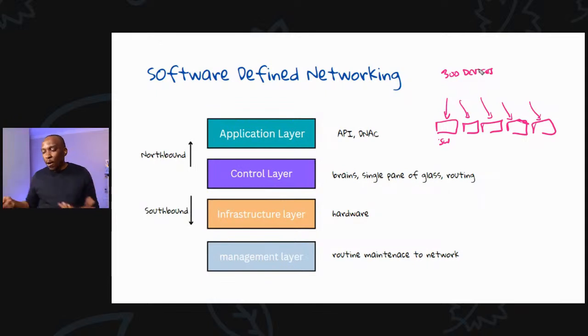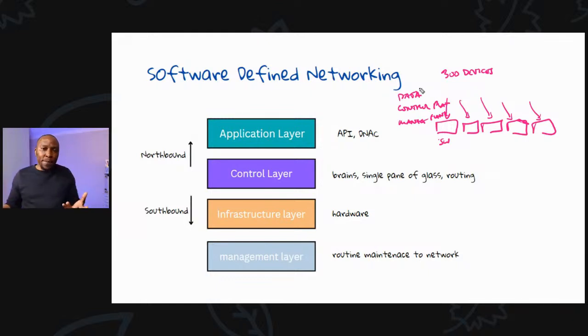And the reason why this was taking place is because the control plane and the management plane was all on the same device. So the control plane, management plane, and the data plane. The control plane is basically what controls the configuration of that particular device.